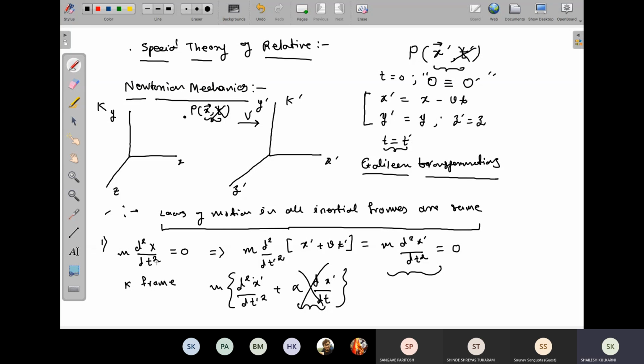The form remains the same means it will not generate any more derivative terms or any other term. It will not even generate a constant here. There is no constant here.